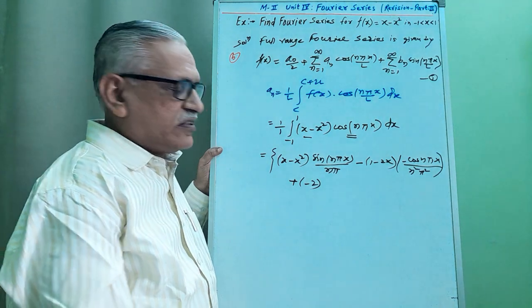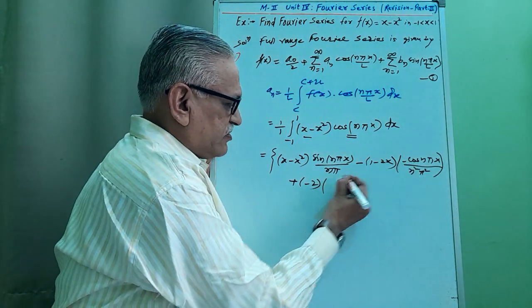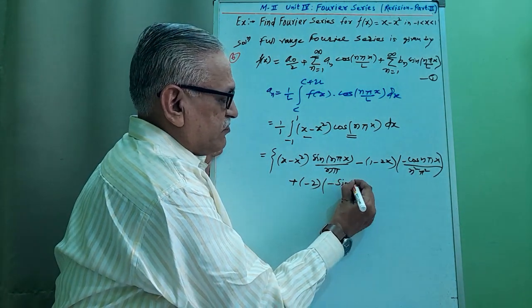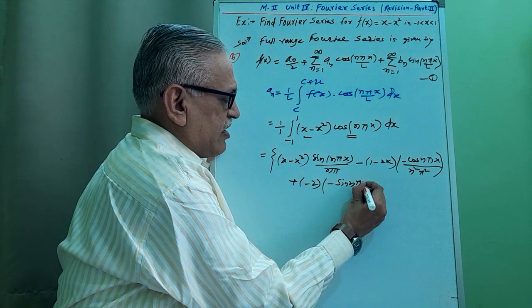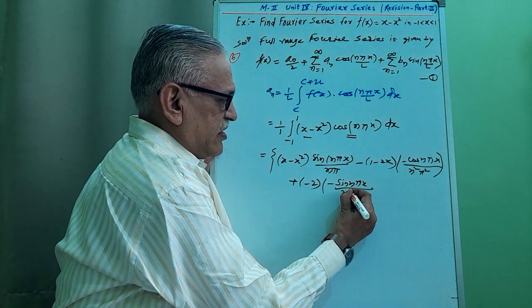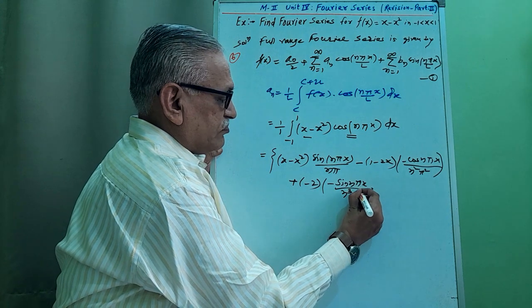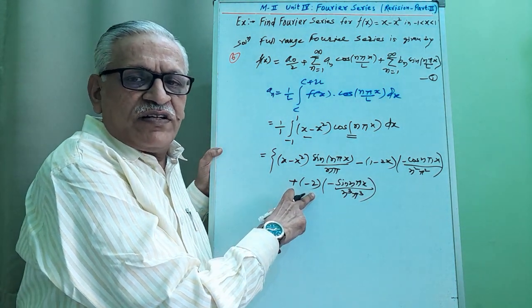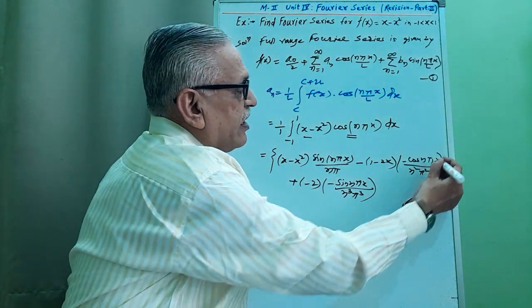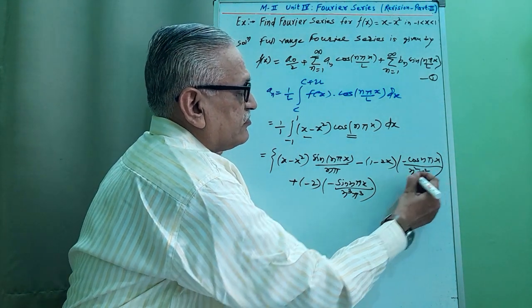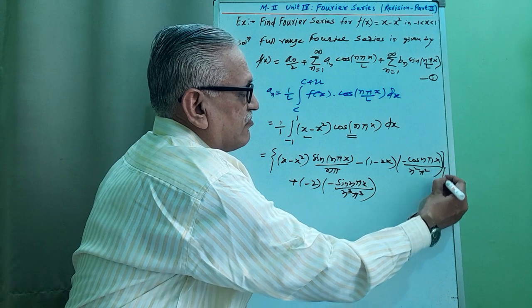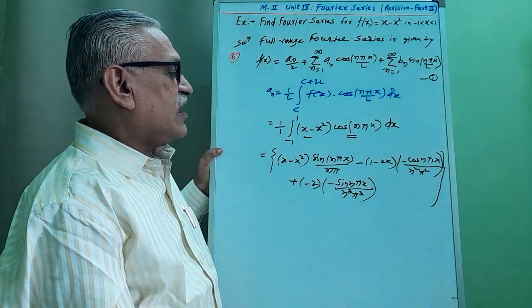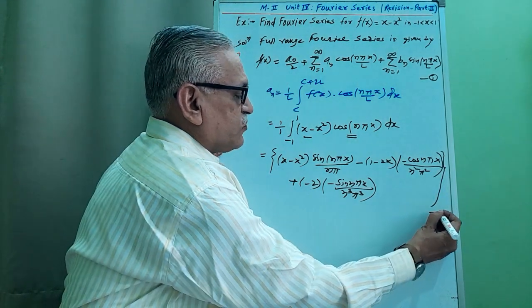Its next integration is sine with this minus sign, therefore minus sin n pi x by n cube pi cube. Next derivative is 0 as we have a constant here, and therefore we stop here, and the limits are from minus 1 to plus 1.